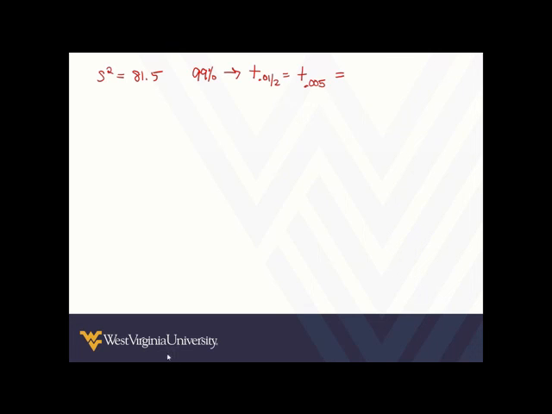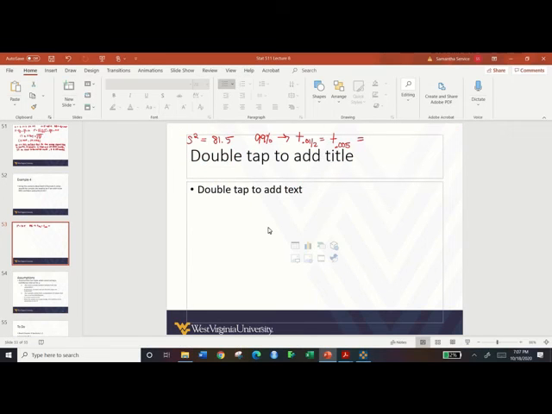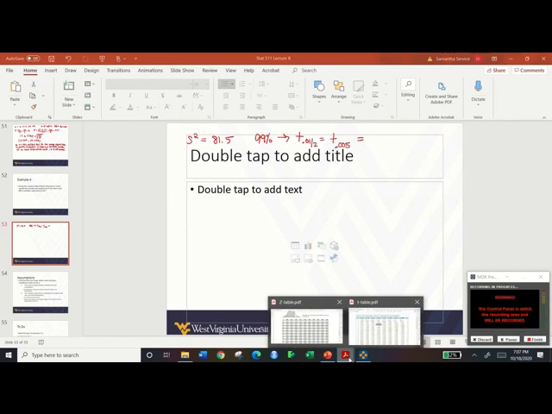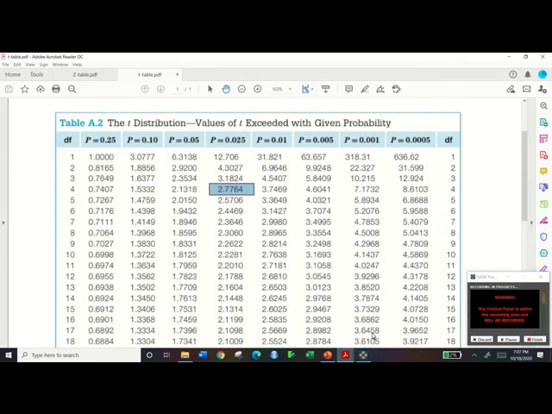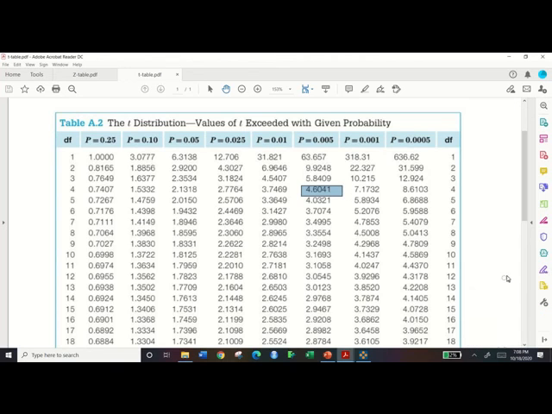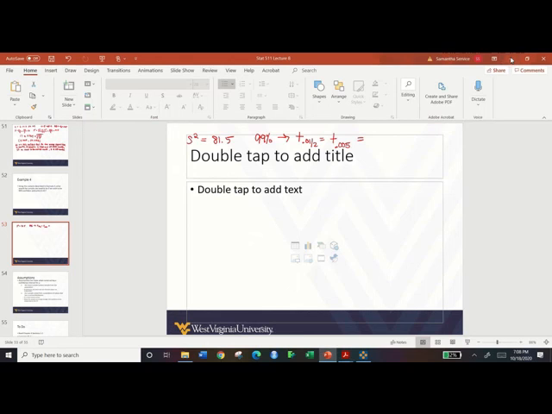So for 0.005, we're going to let our critical value be 4.6041. Again, we're going to use that sample we had previously, which may not be fully logical.